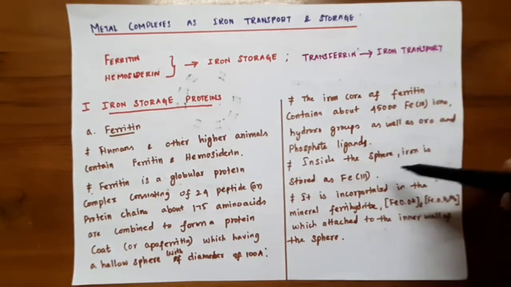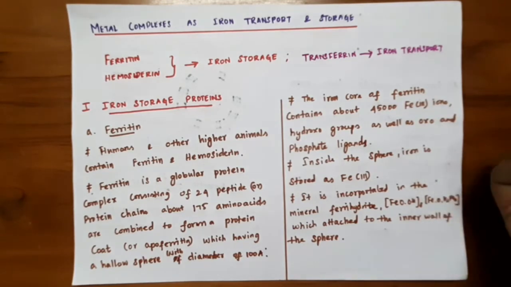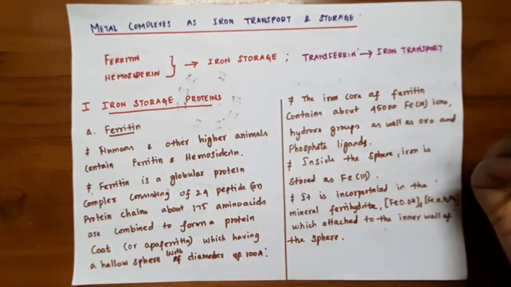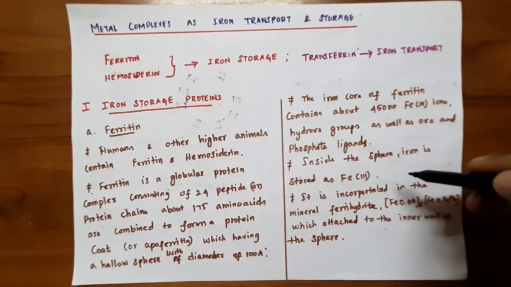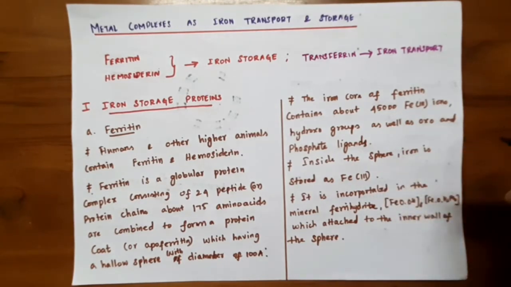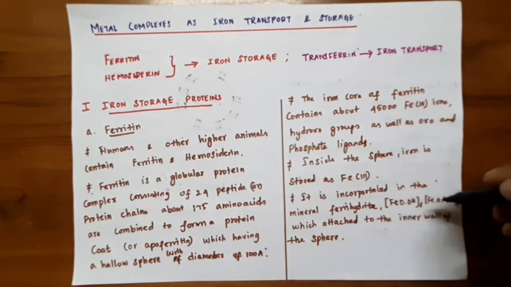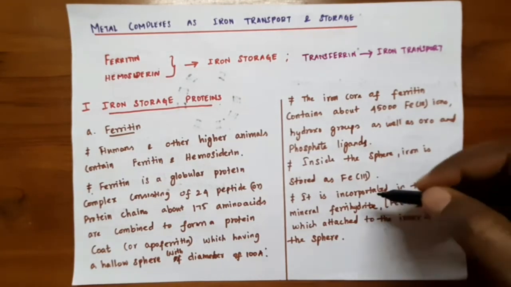Inside the sphere there are nearly 2,000 to 4,500 irons that can be stored, stored as iron 3+ and not iron 2+. It is incorporated in the mineral ferric hydrate, FeOH8 and FeOH2O4 PO4, attached to the inner wall of the sphere.